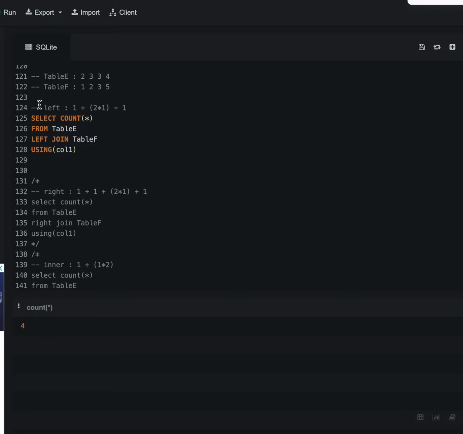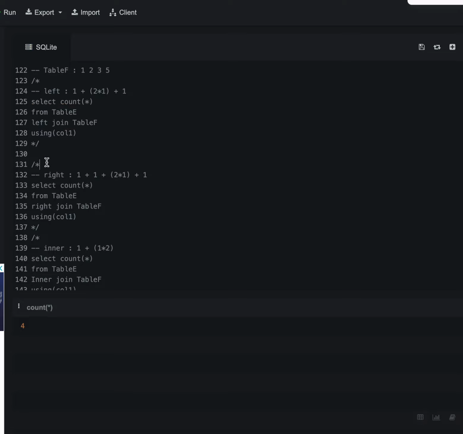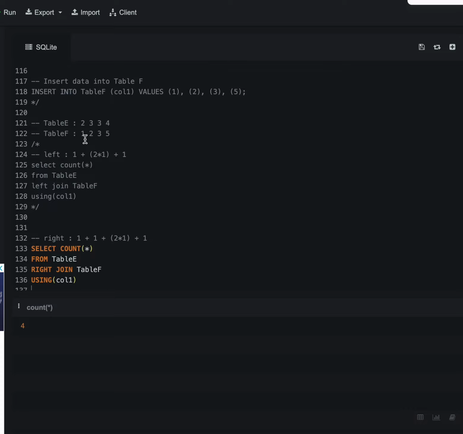Now let's do the right join. In the case of right join, we have to have all the records from the right table. So if I look at the right table, one again is an individual entity. 2 has a matching value, so it will render us with one record. 3 has 2 matching values, so 1 into 2, which will render us with 2 values.